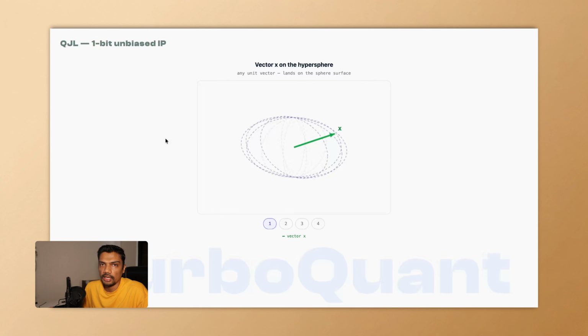Given a vector x, multiply it by a random Gaussian matrix S, and take the sign of each entry. Q_qjl of x equals sign of S times x, where S is in R to the power of d cross d, and has i.i.d. N(0,1) entries.